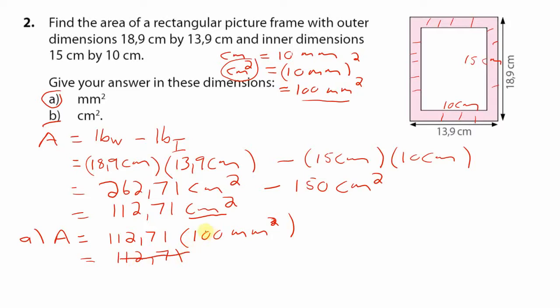Let's just backtrack. We are multiplying, and if we multiply, we shift the comma to the right. How many places? 1, 2. So therefore it is 11271 millimeter squared. Comma, just jump past the next 2 digits. So we have in fact therefore 11,271 millimeter squared.